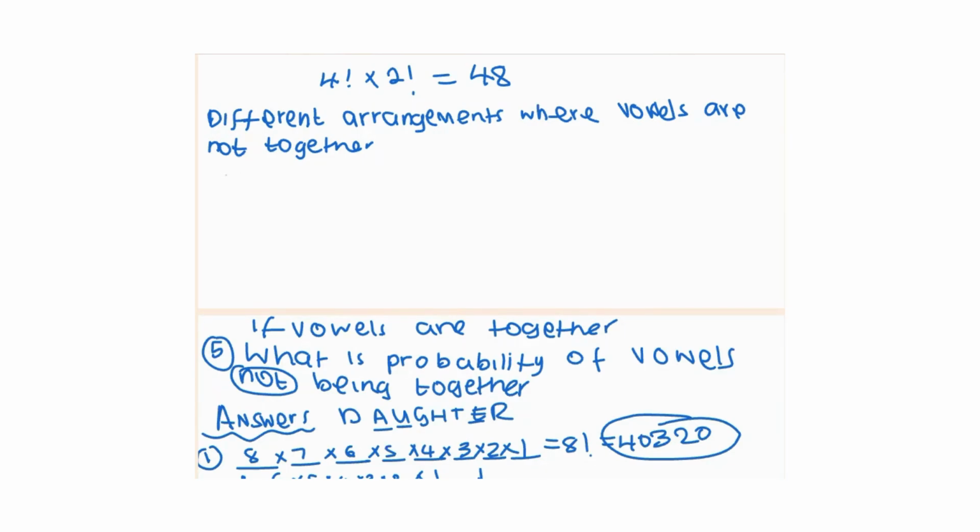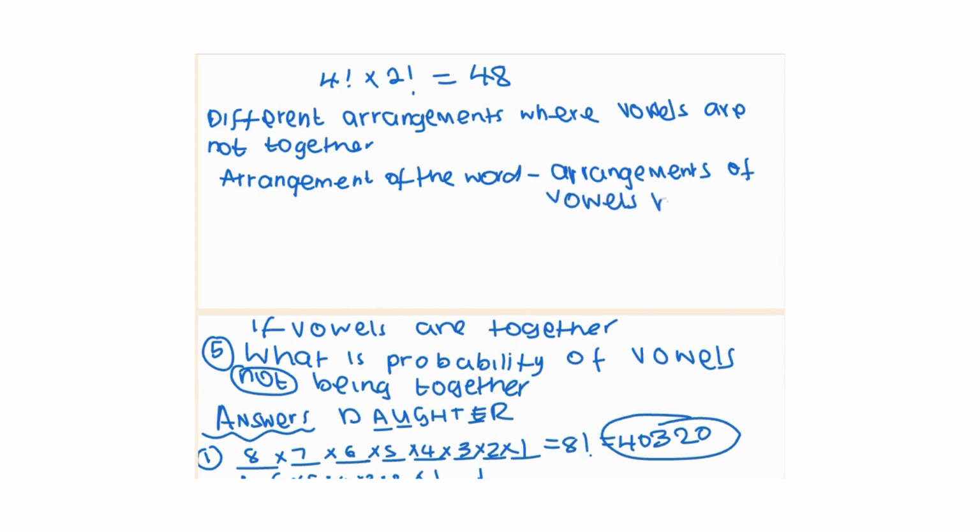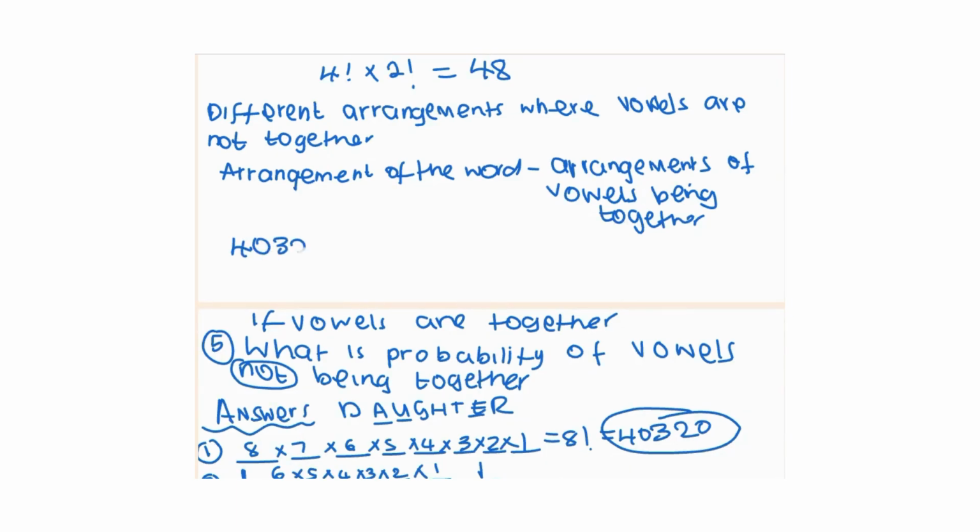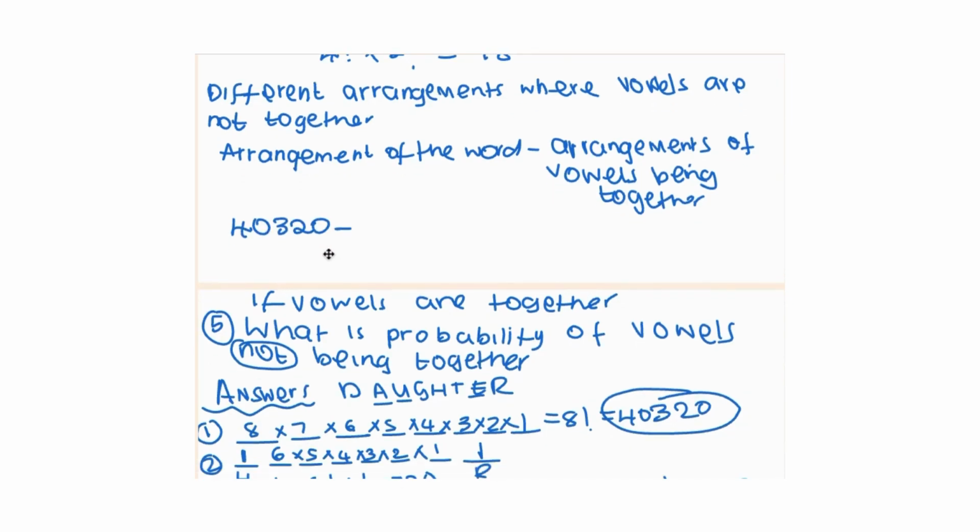So the arrangements of the word daughter is 40,320, minus the arrangements of the vowels being together.